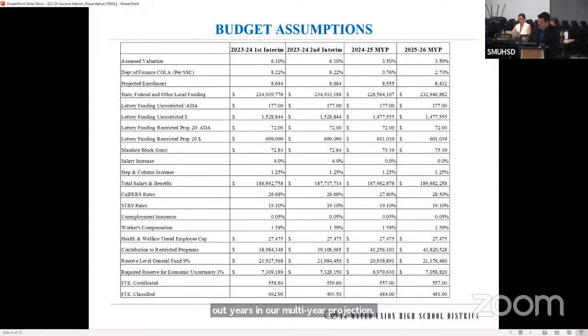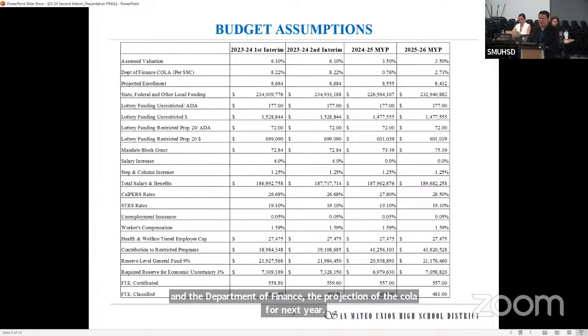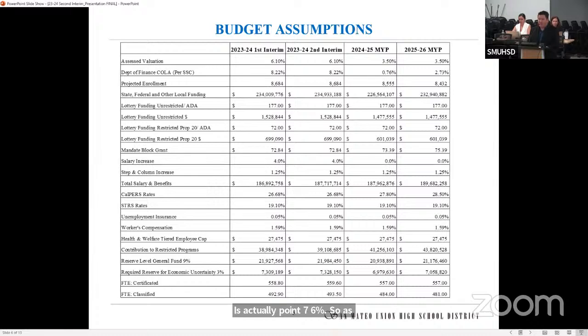Per SSC, that's School Services of California, and the Department of Finance, the projection of the COLA for next year is actually 0.76%. So as we are funded by property tax, this is less impactful on us. You'll see some of the neighboring districts who are state funded, or around the state, it's a very difficult COLA.